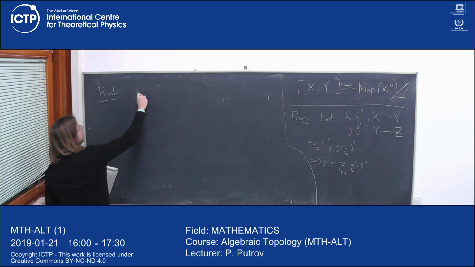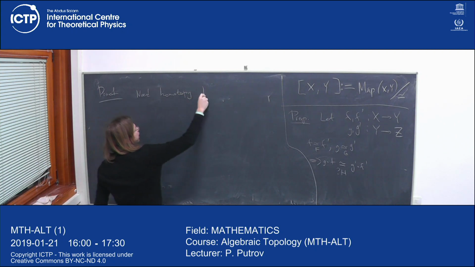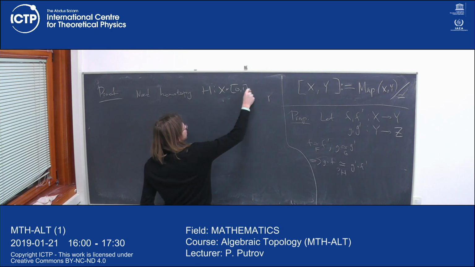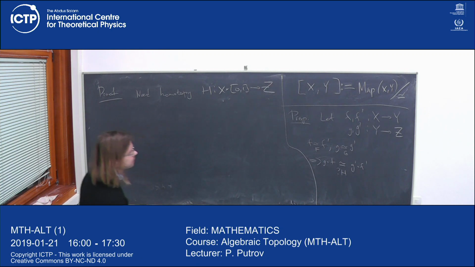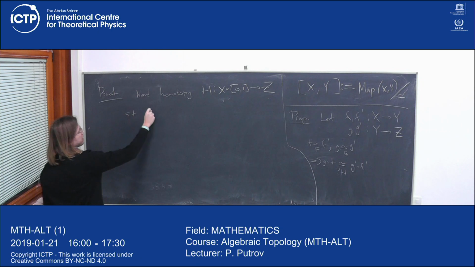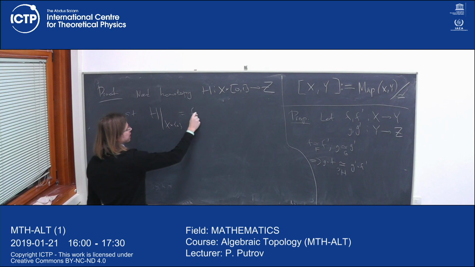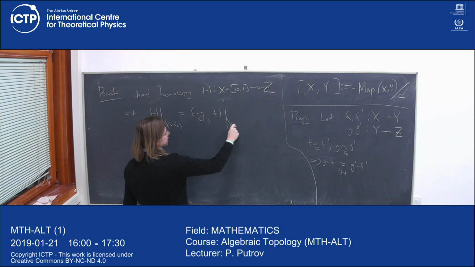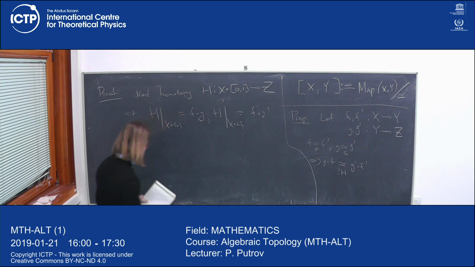We need a homotopy H, which should be a function from x times the interval to z, such that H restricted to x times 0 is g composed with f, and H restricted to x times 1 is g prime composed with f prime.